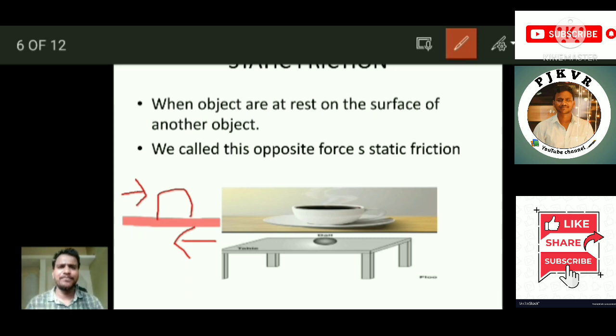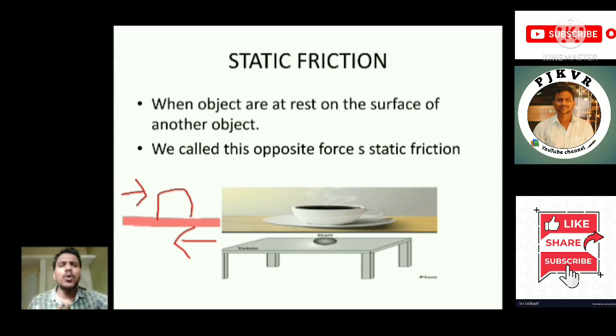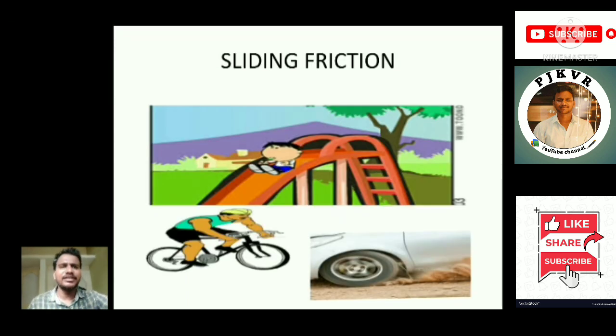Okay, what are the examples of static friction? The paper on the table, the books on the table, the ball on the table, the cup on the table, the car parked on the wheel. These are the examples of static friction.